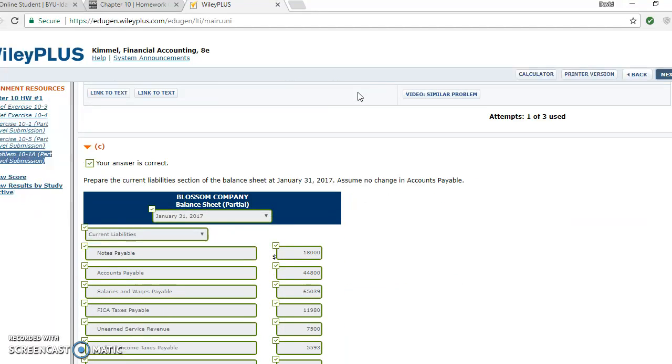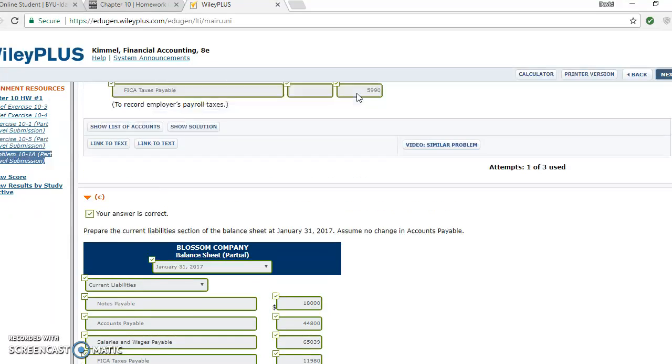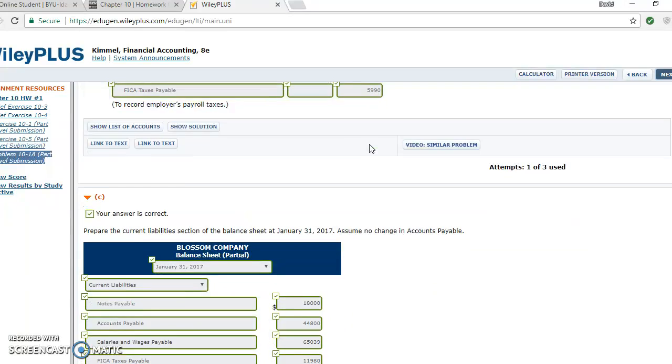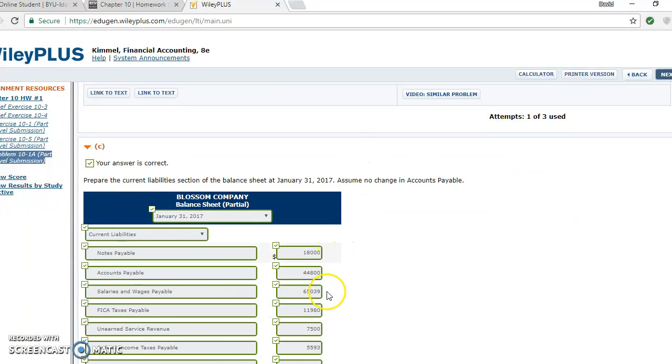And then the FICA taxes, got to remember that the FICA tax, there's an employee portion and then there's the company portion, and it's the same, so that's why it's 5,990 times 2 to come up with that 11,980.